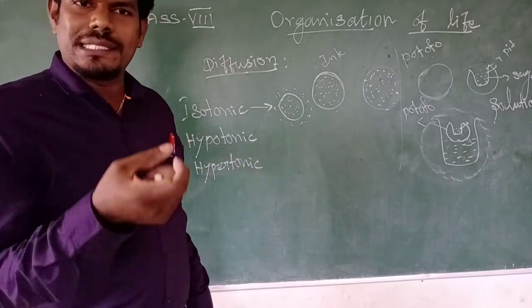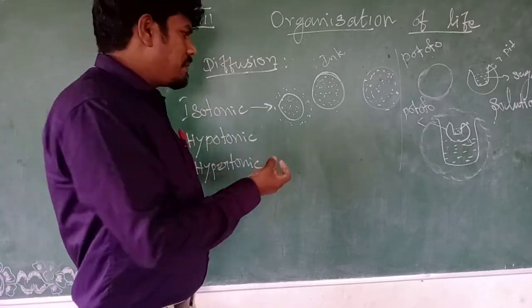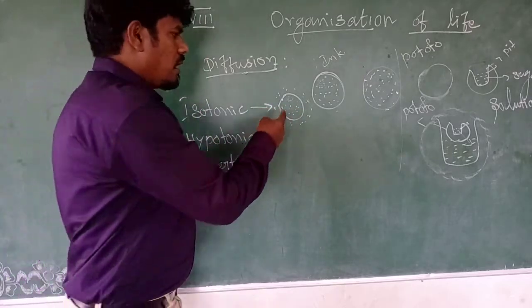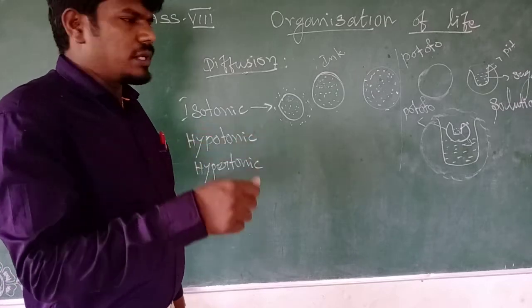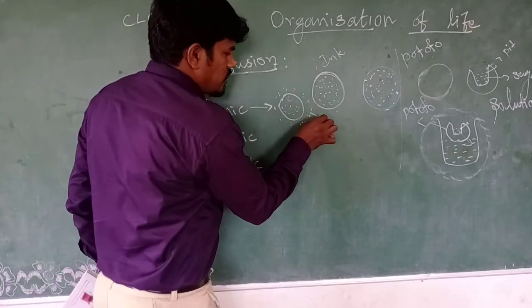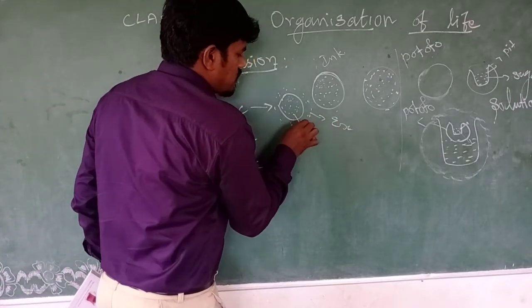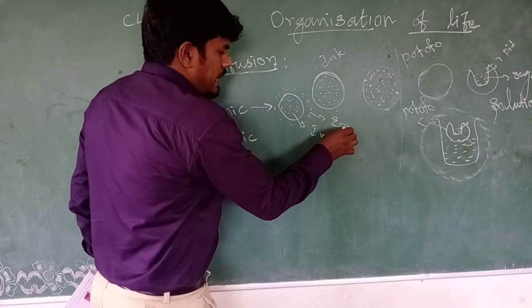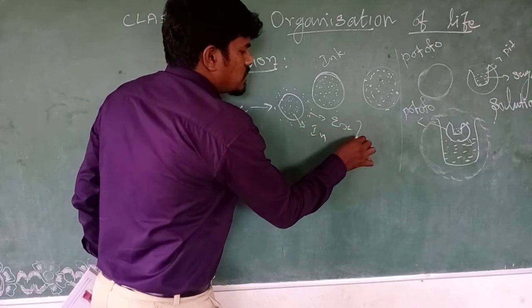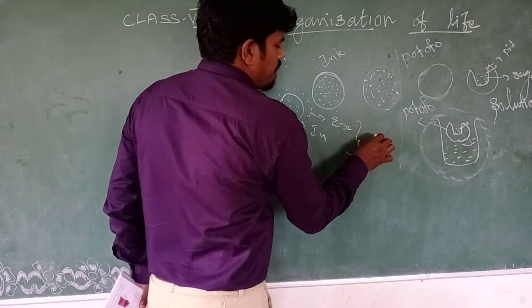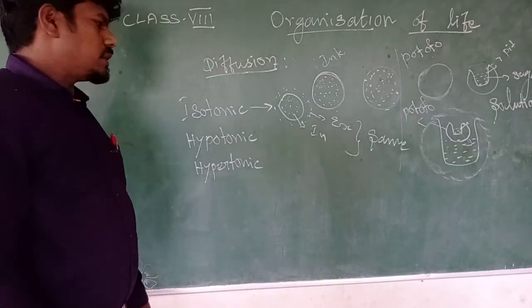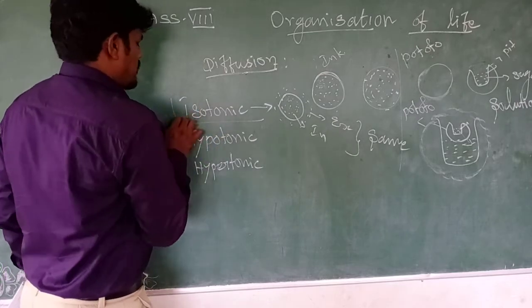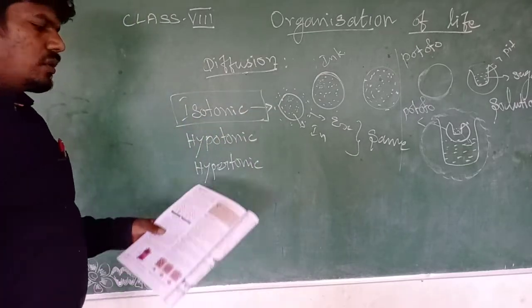Internal means inside of the particle, container or object, and external means outside of the object or the outer surface. Both sides are at the same concentration, and that is called an isotonic solution.